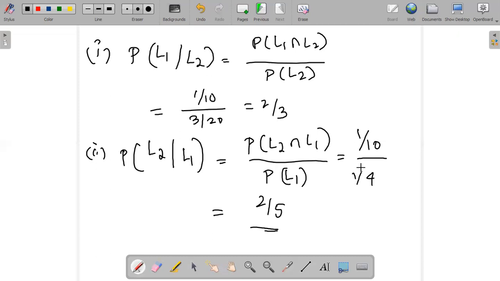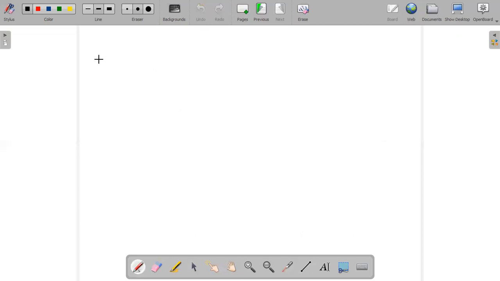Now the last one, he failed in either of the two languages. Let us see this. Either in the sense P of L1 union L2.